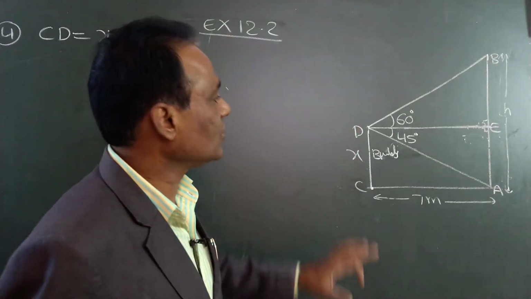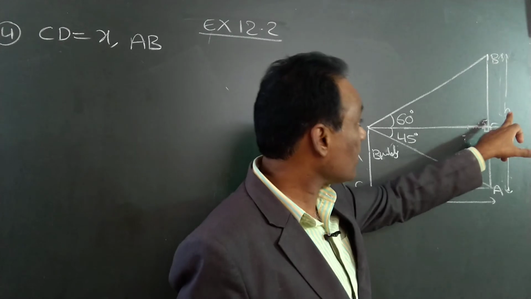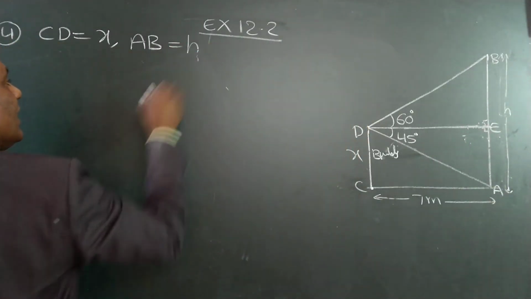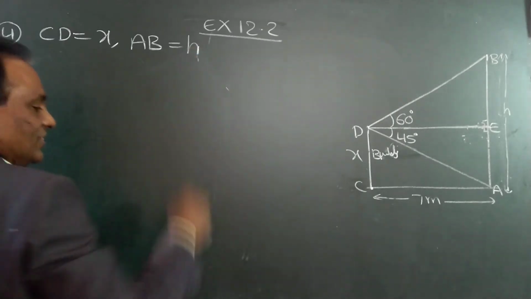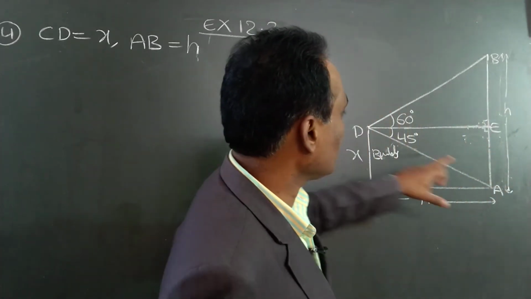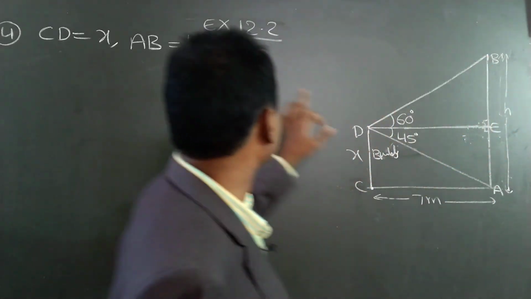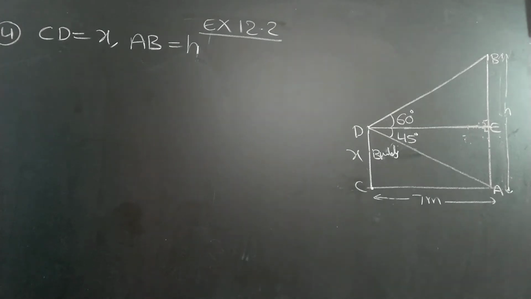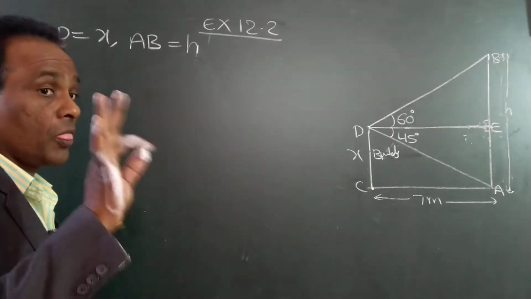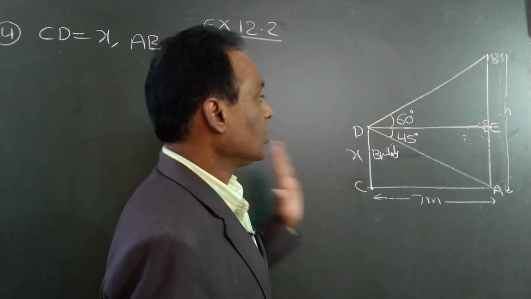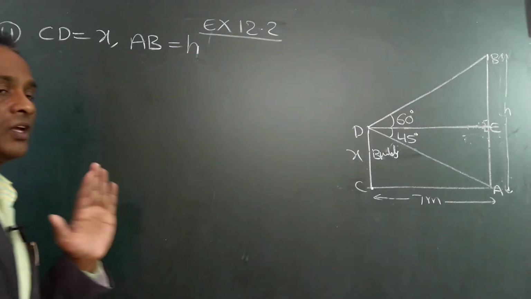AB is equal to h. CD is equal to x. AB is equal to h. Now, be careful. Don't write anything. Just look at the solution.